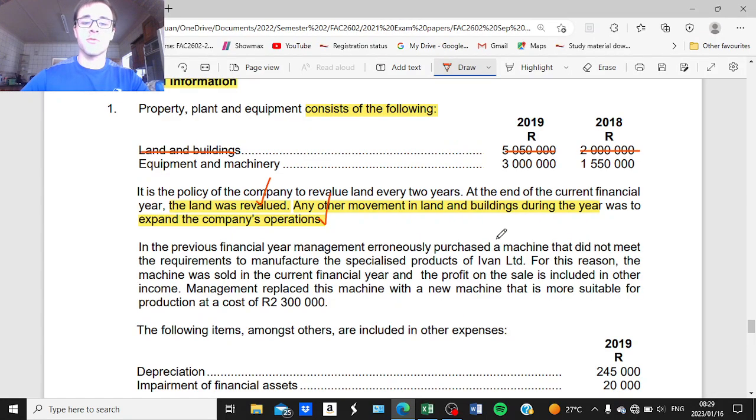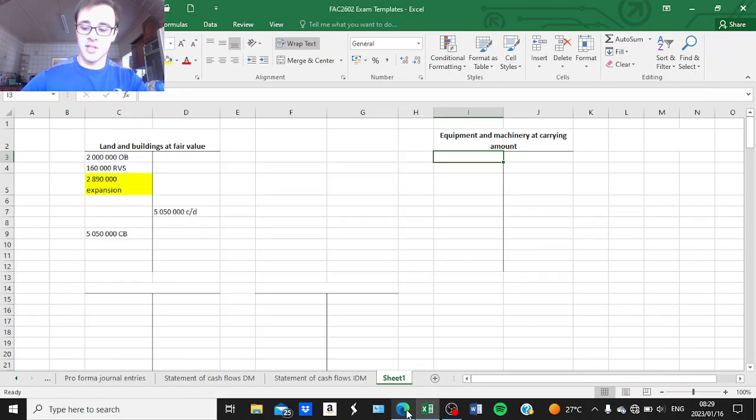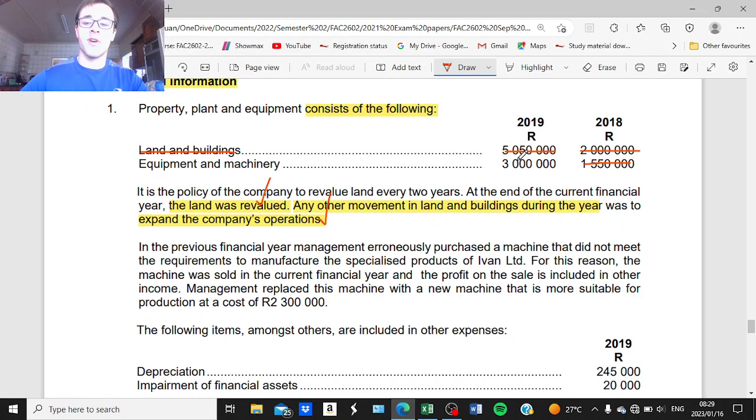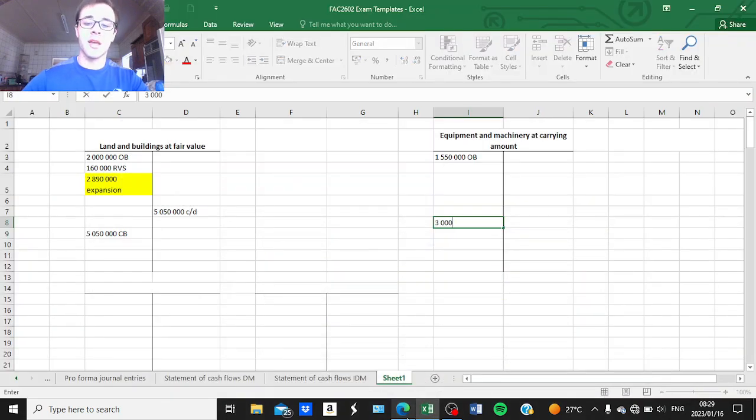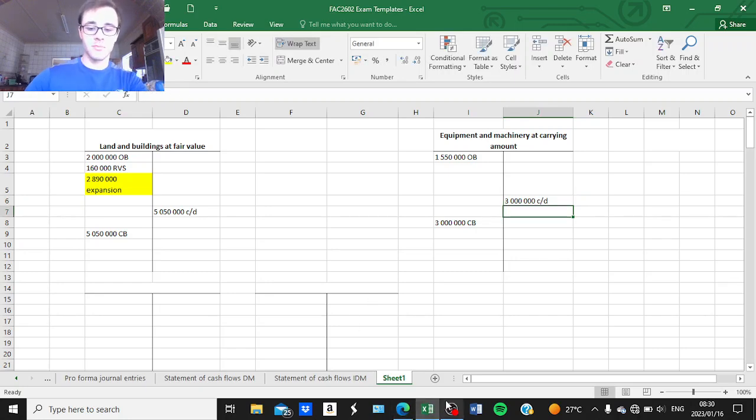So the opening balance for equipment and machinery was 1.55 million rand on the debit side because we are dealing with an asset once again. And then the closing balance has been provided as 3 million rand, which was once again carried over from the credit side in order to be reflected as a debit balance. Right, carried down to the debit side.